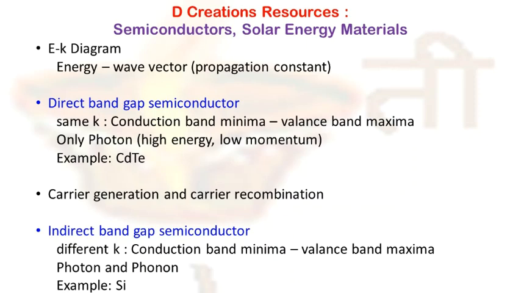Now a phonon is a particle of low energy and high momentum, and we know that it is related to lattice vibration. So phonon absorption is required from the point of view of conservation of momentum.